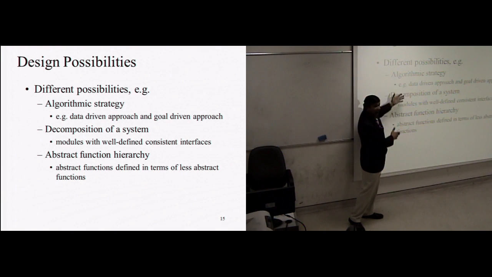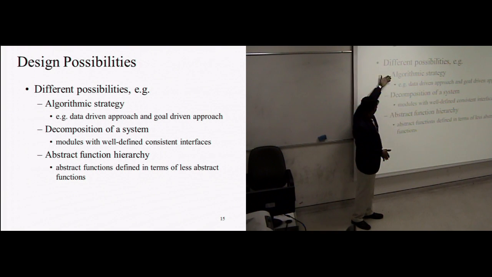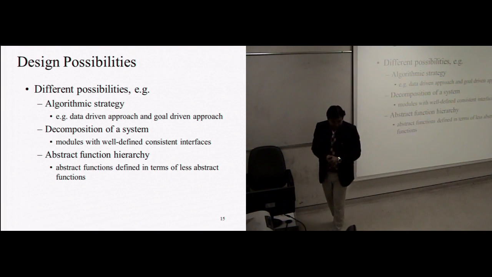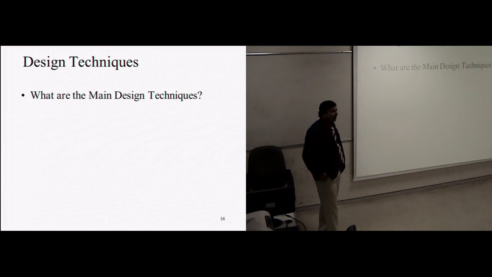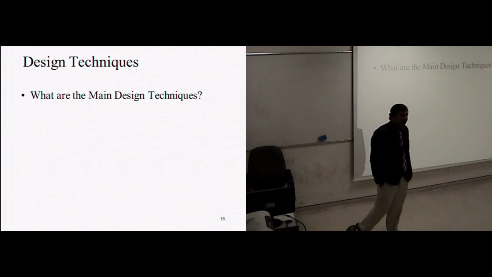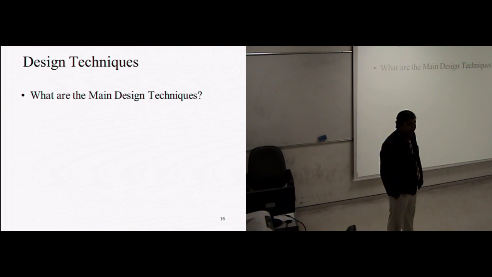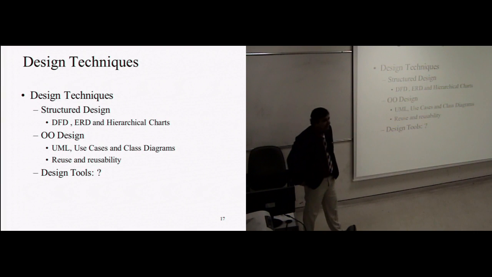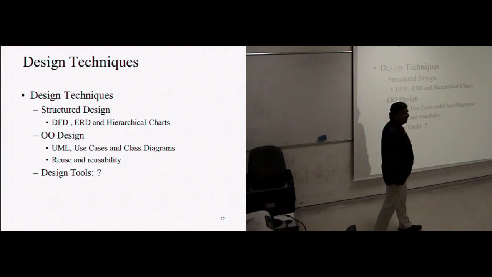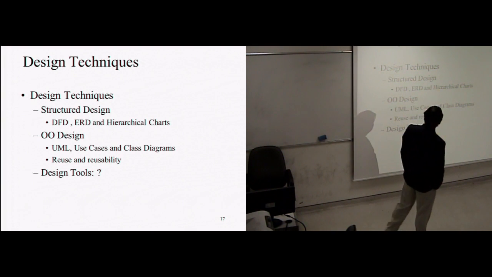So these are the different levels of the design: algorithm, decomposing, and separating the abstract functions and the concrete functions. Then design techniques. What are the main design techniques? Anybody? We have structured, we have object-oriented.